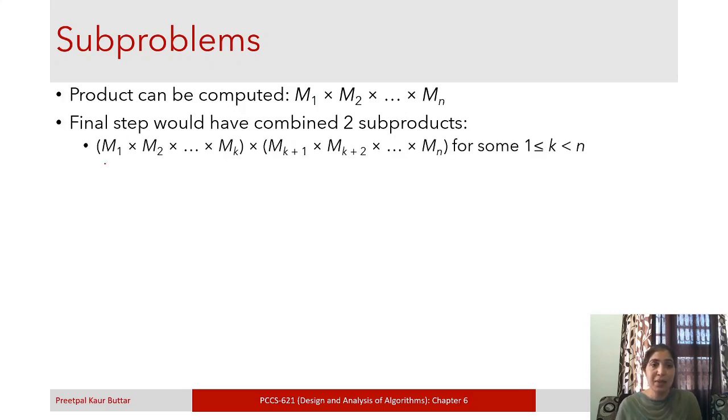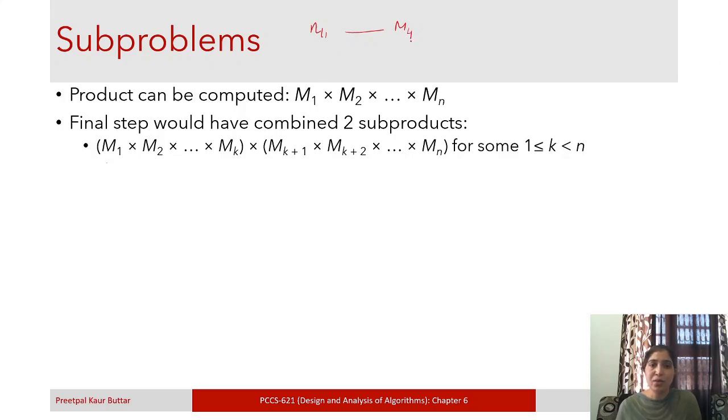The first will be the first set of matrices. Suppose it is m1 into m2 into m3 and so on into some mk. Okay, so if you have suppose m1 to m7, these are the number of matrices, then your final, not m7, let us take a smaller number, m4.